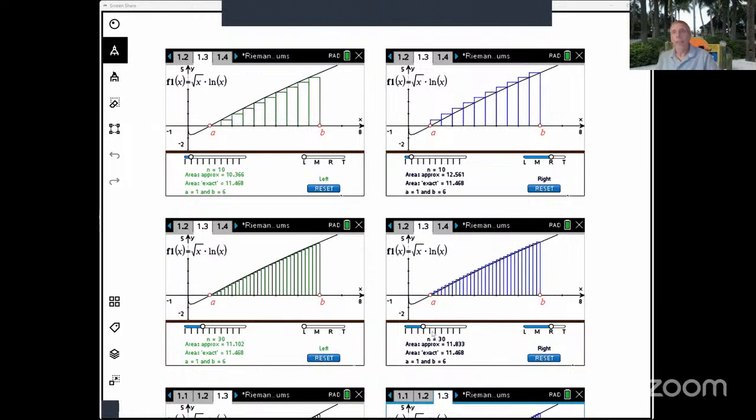But there is a nice TNS file on the TI website where you can change the function f, change the interval, change left, right, midpoint, and trapezoidal sum, and change the value of n. And this will give you the exact and the approximate area.